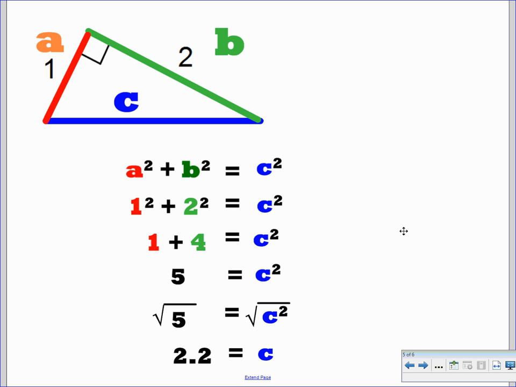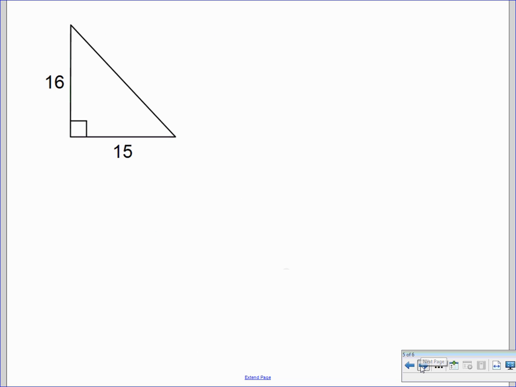And then go on and watch the next example and see if you can predict how we're going to do it. We have it arranged a little bit differently here. But once again, you can see that one of the sides is missing, and it's the hypotenuse, the one opposite the right angle. So once again, our first step, label.